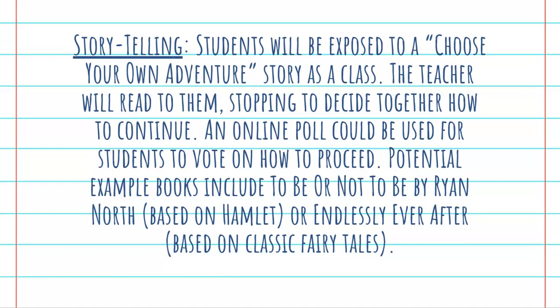So one fun way to do it would just be to read a choose your own adventure story as a class, and then whenever there is a crossroads or a decision point, you could even maybe use an online poll to ask students to vote on which decision they want to make in the story. It would just be kind of a fun activity for students to collaboratively decide their own adventure.